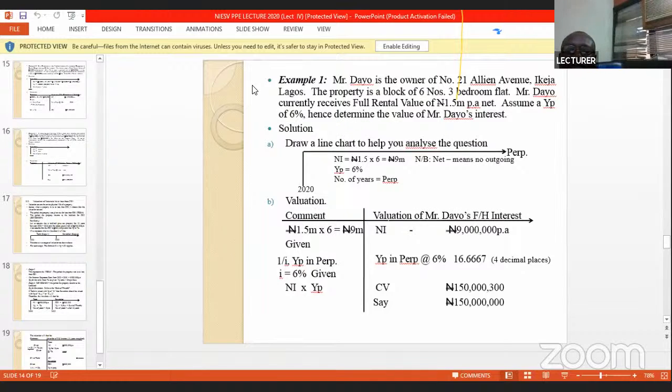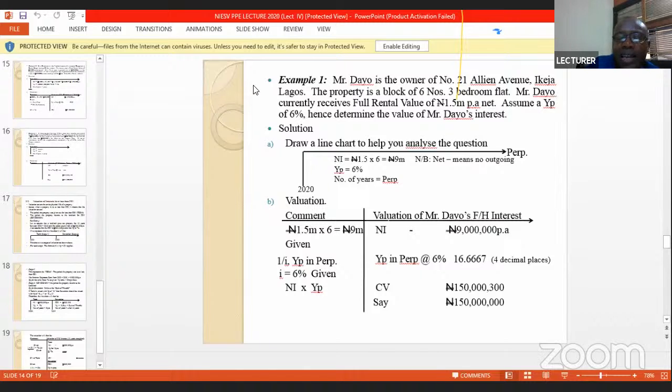So, under exam conditions, some people say they are in a hurry. But that comment shows immediately how you arrive at your net income. If I'm marking and I see 9 million, but I didn't see the comment on how you arrive at 9 million, I will assume that you copied. You will lose some marks.